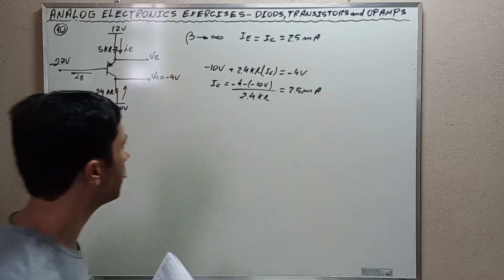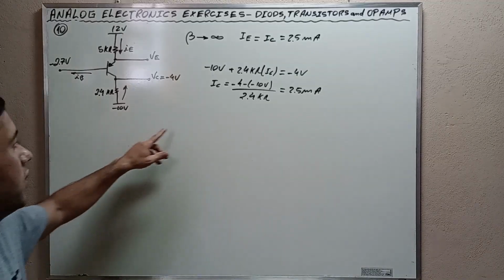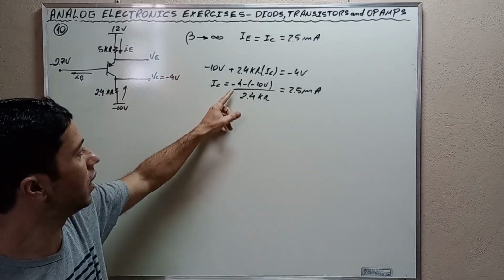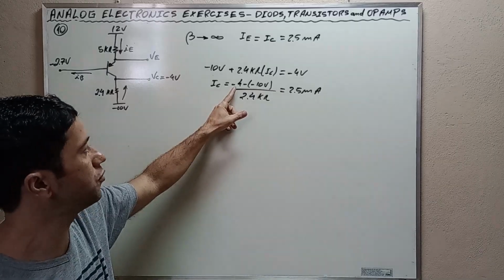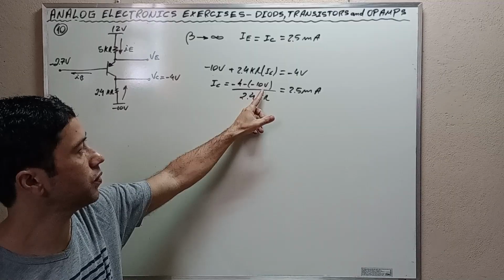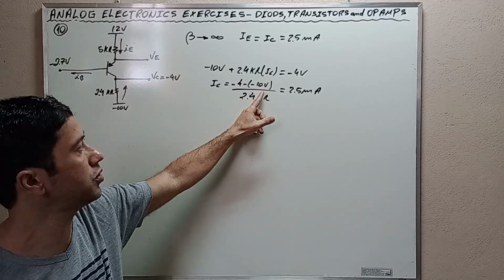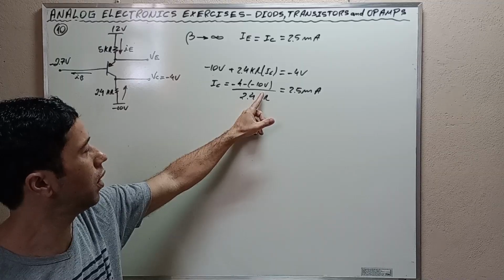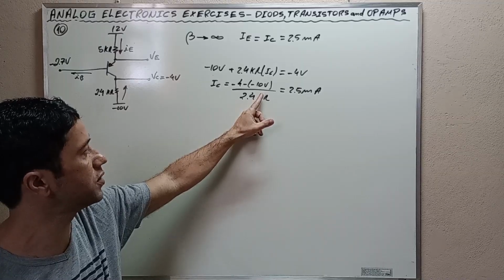Okay, could you see that had it been positive 10 volts here, it would be minus 4 minus 10 volts, and this would be negative 6.